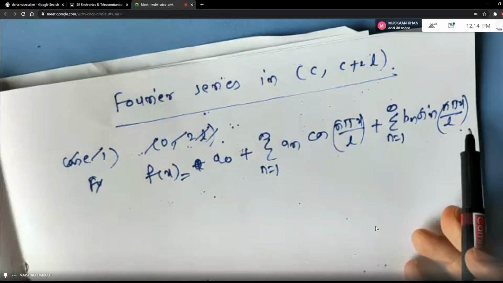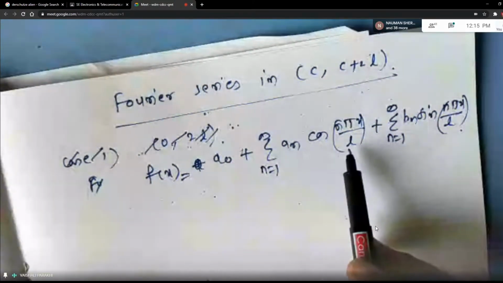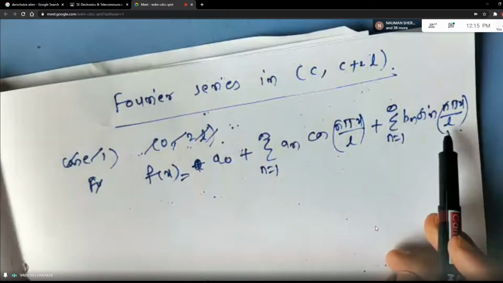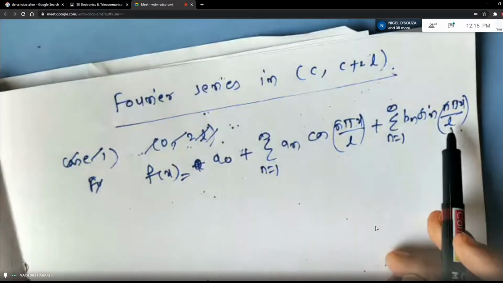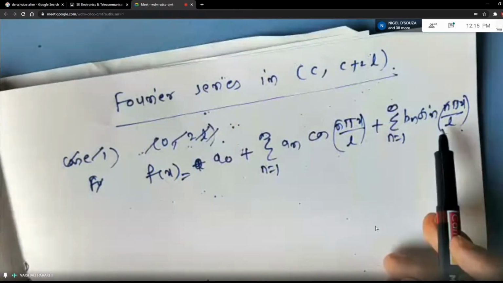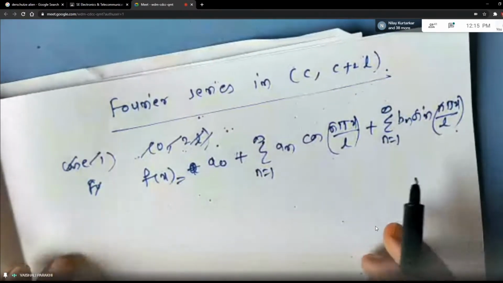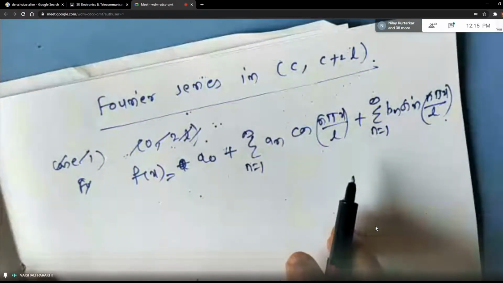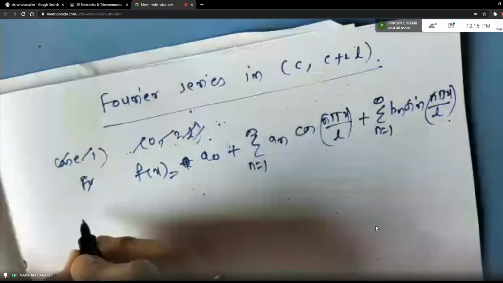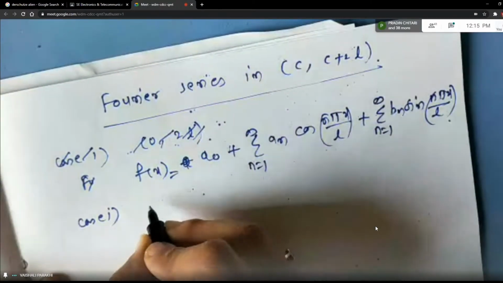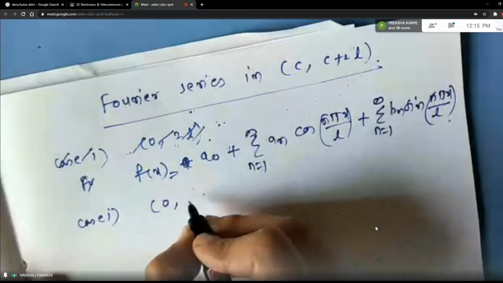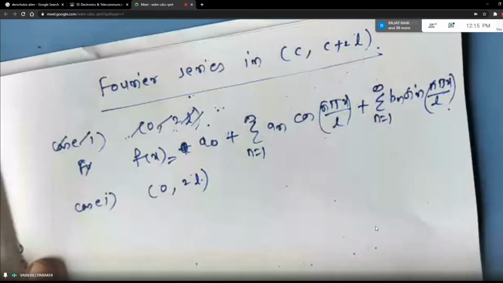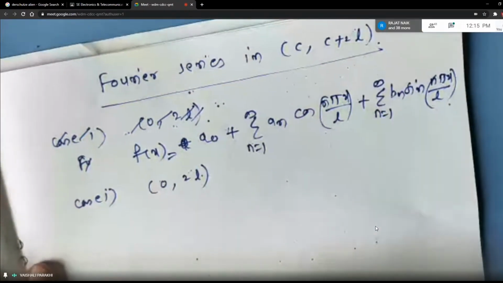Just compare. But what is extra here? It is cos of n pi x by L, sin of n pi x by L. Now when there is a difference in the Fourier series, definitely there is a slight change in the formulas for a0, an and bn also. So now you can take case 1. Let the interval be 0 to 2L. There it was 0 to 2 pi. Just remember by comparison, students.